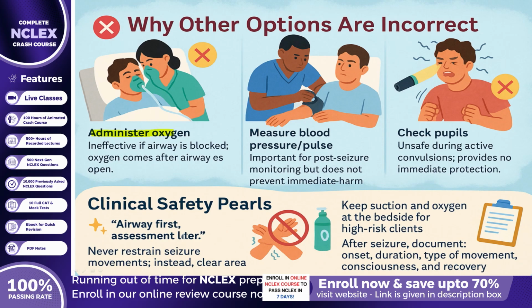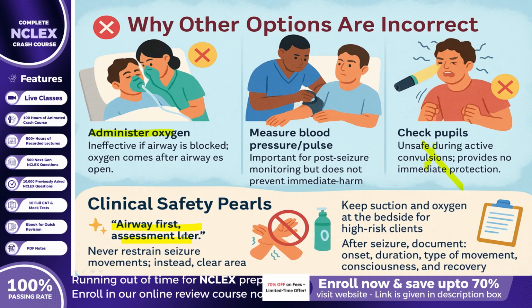Similarly, checking pupils is a valuable neurologic assessment, but attempting this during active convulsions is unsafe and provides no immediate protection for the client. Therefore, the safest and most immediate intervention is to place the client in a side-lying position. Once the seizure subsides and the airway is secure, the nurse can proceed with oxygen administration, vital signs, and neurologic checks. Here is a clinical pearl to lock this concept in your memory.